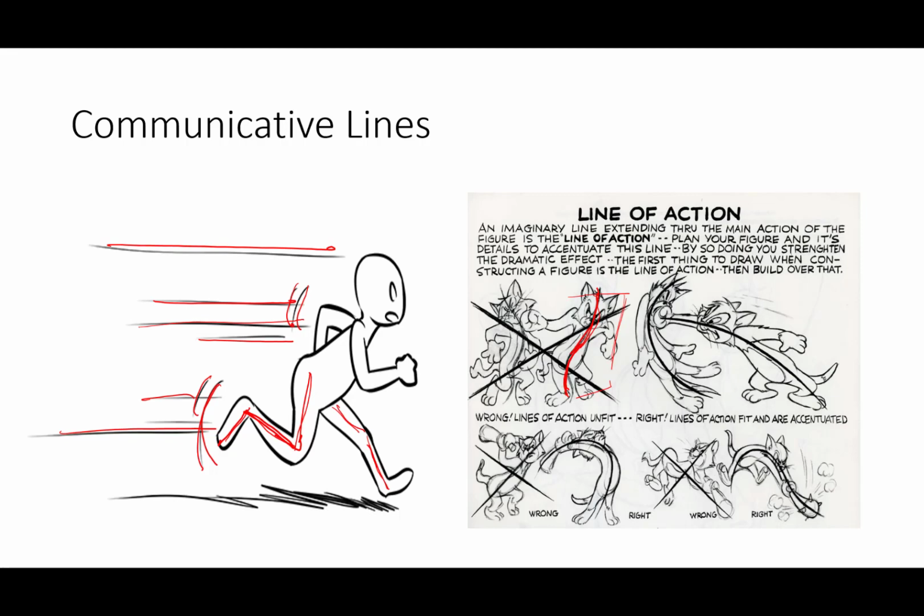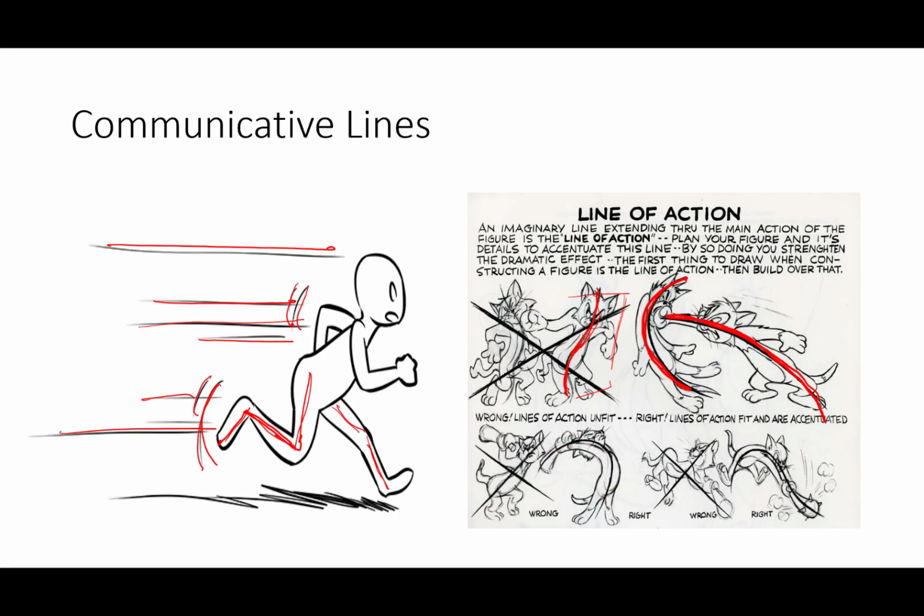Same thing if they're bringing back a bat or whatever, a specific line is going to create the implied movement correctly in our minds versus incorrectly, where you may not get that same idea unless you did more overt lines in the process.